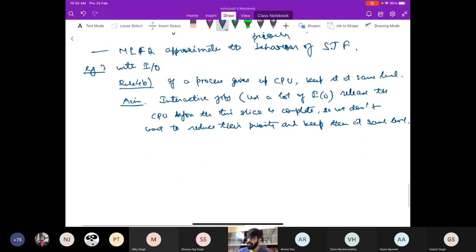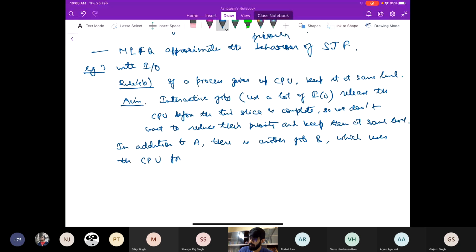So for example, in this example, in addition to A, there is another job B, which uses the CPU for 1 millisecond, let's say, and then releases it.